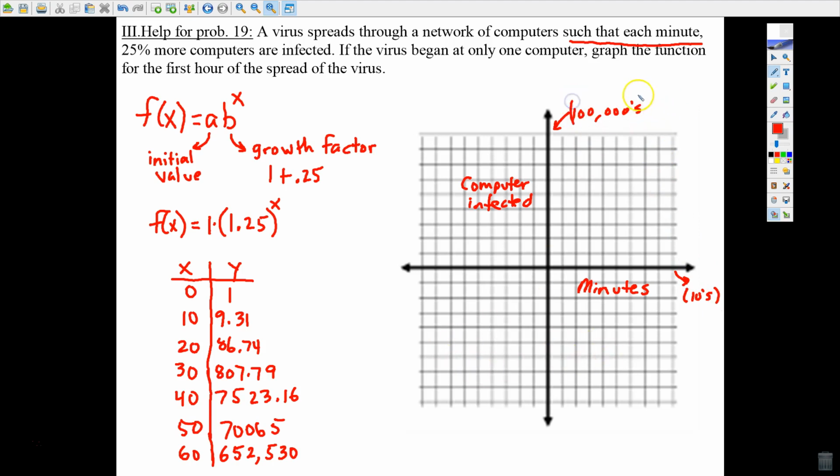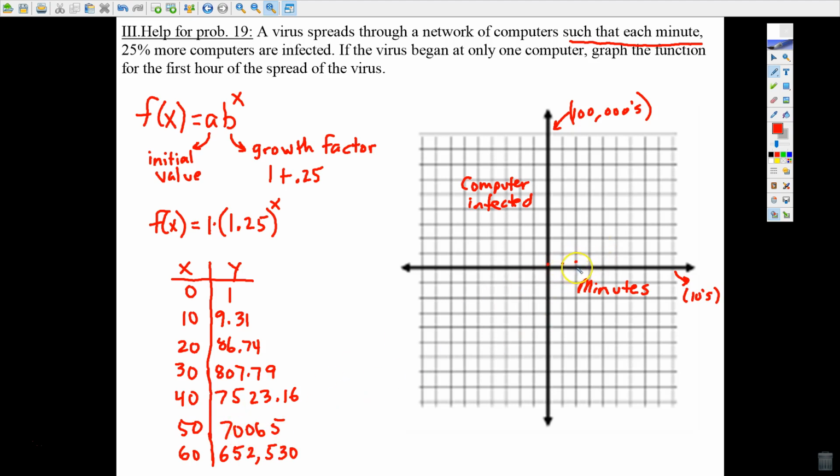So obviously 0, 1, that's just really, really close to the x-axis. So is this, maybe just up a smidgen. 20 up just a little bit more. We're not going to really see any big significant jump until we get to these bigger numbers.